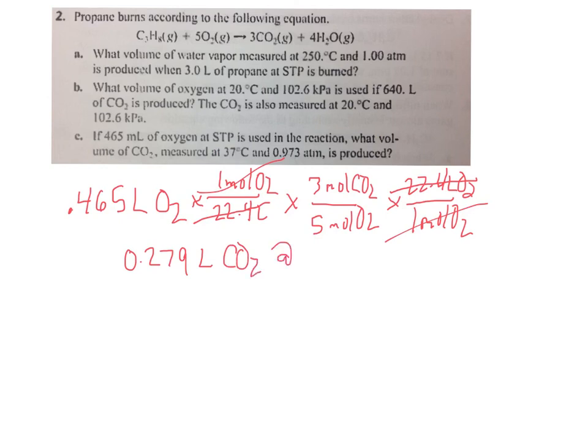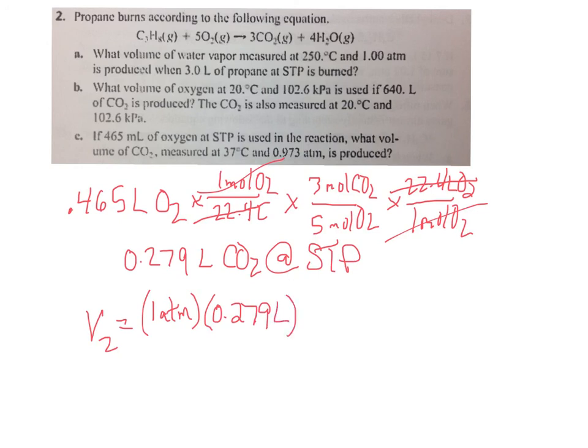So then we have to decide which gas law we can use. This would be the combined gas law because they gave us a pressure, a volume, and a temperature. There's our new temperature, there's our new pressure. We're supposed to find the new volume. So we're just going to write it out for you. The combined gas law would be V2 equals 1 atmosphere, which is your pressure 1, times 0.279 liters, which is your volume 1. That's what we just found.